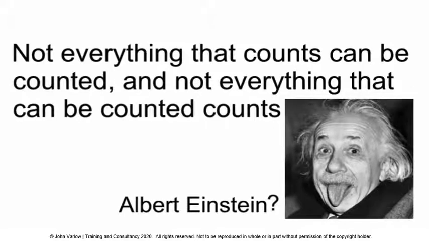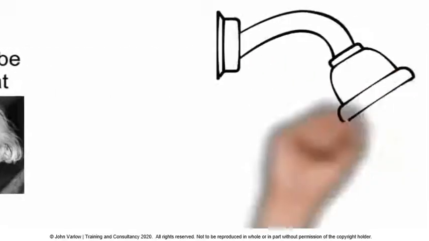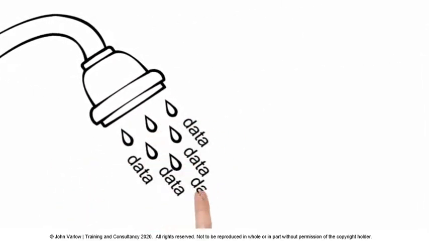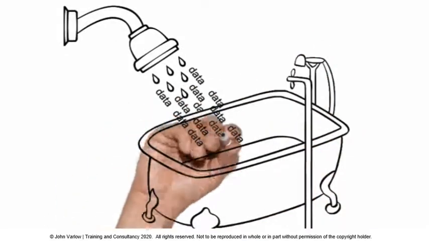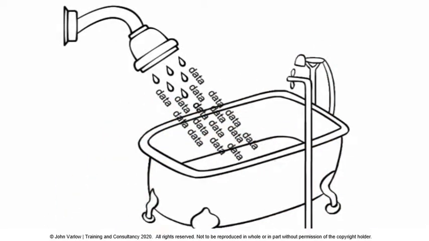For you, as a data analyst, a researcher, a statistician, or just someone interested in numbers, it's tempting to do something with data just because we have it. The modern world is awash with data. What we described as big data just a few years ago is now the norm.